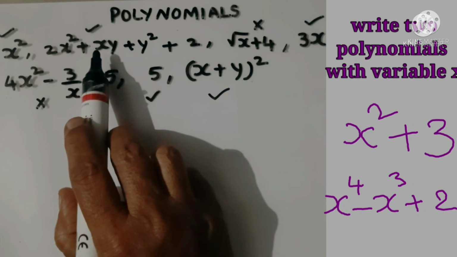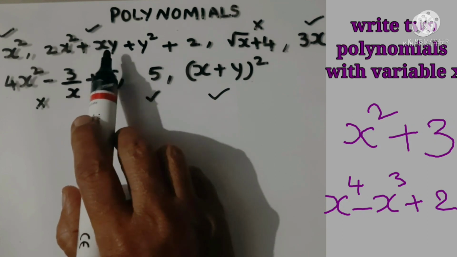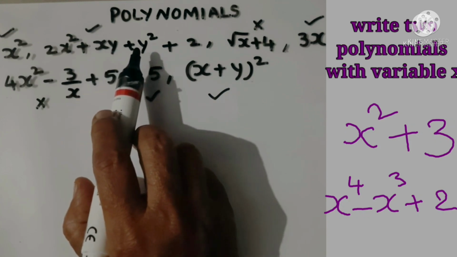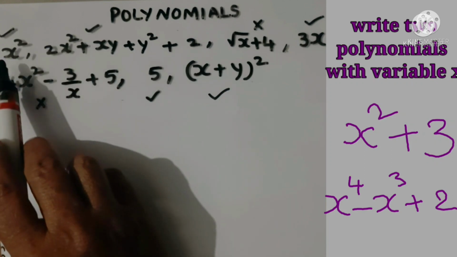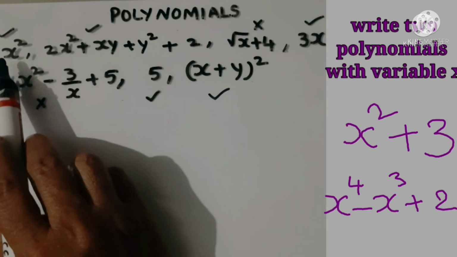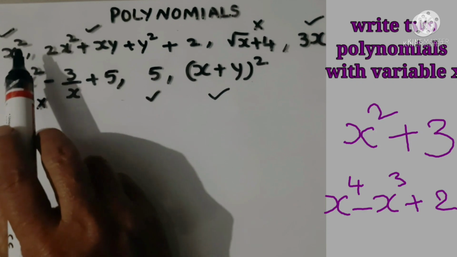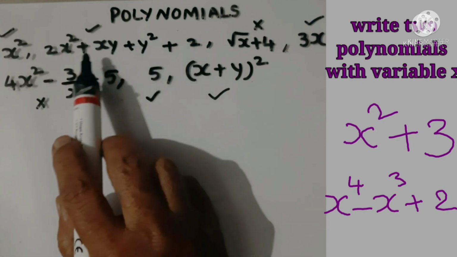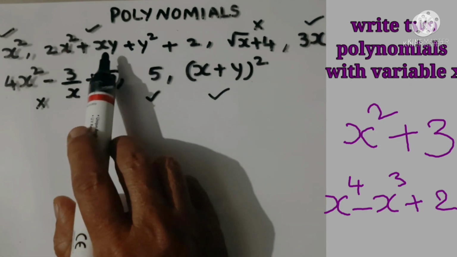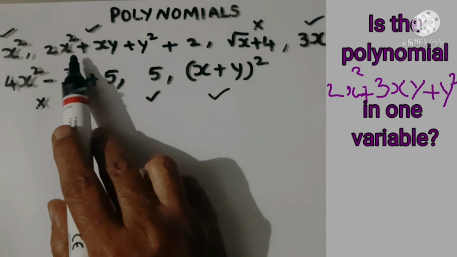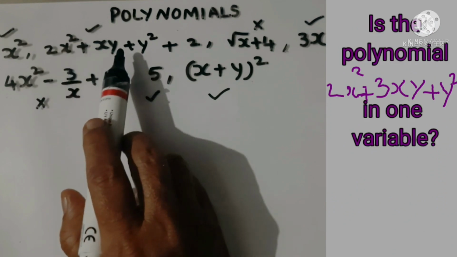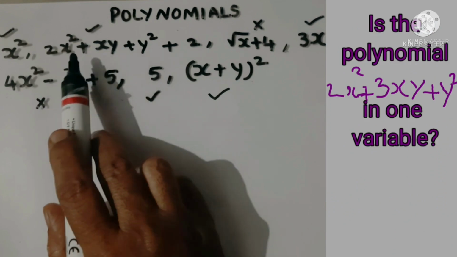So this polynomial is called two variable polynomial. And this first one we can call it as one variable polynomial. So depending on the number of the variables, we can name the polynomials.